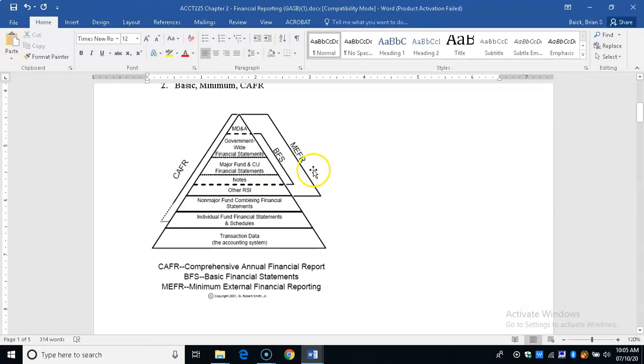The most comprehensive set of financial statements is called the CAFR, Comprehensive Annual Financial Report, and that also provides the same as what we just talked about, but it also provides additional data.